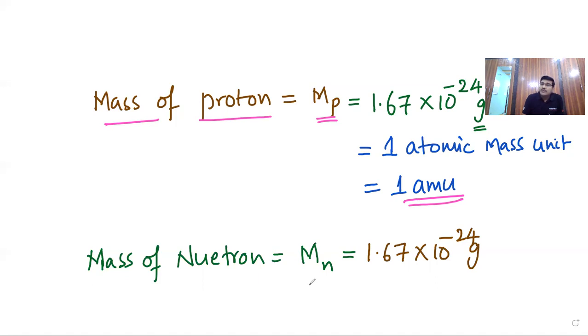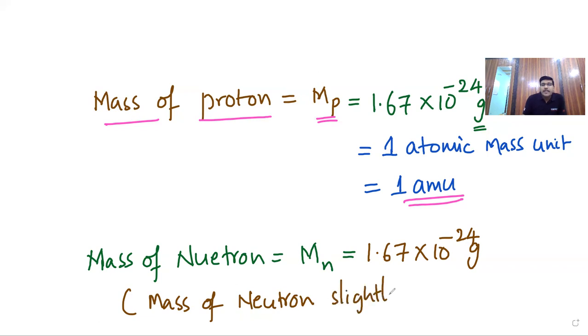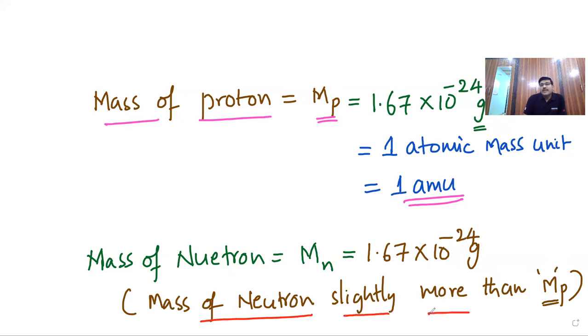Mass of neutron is slightly more than the mass of proton. Clear? Have that clarity.